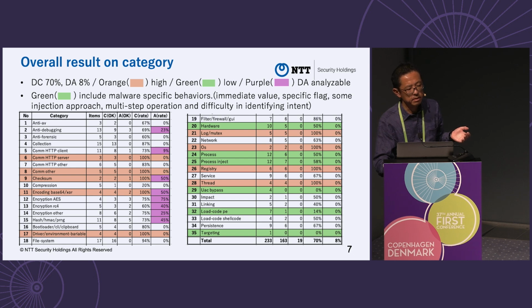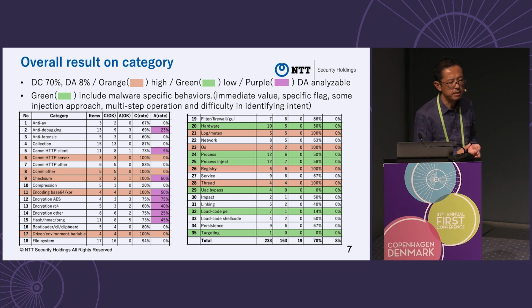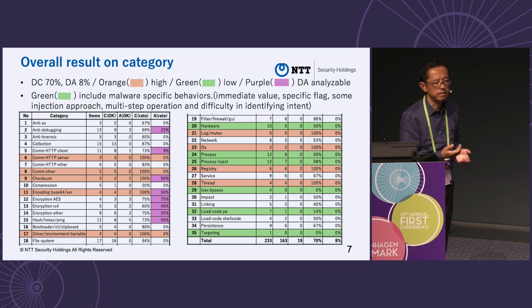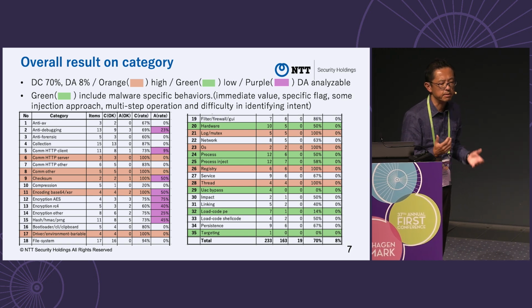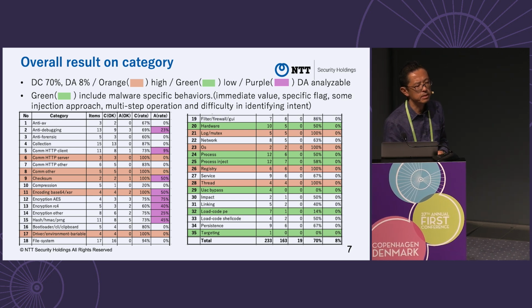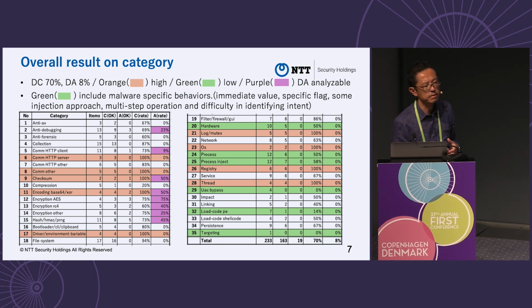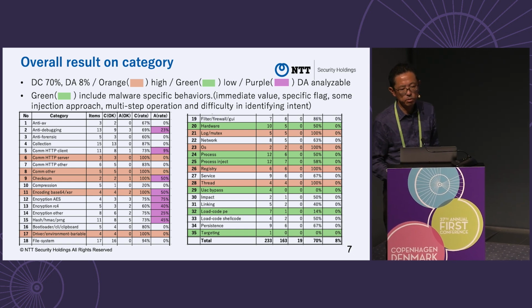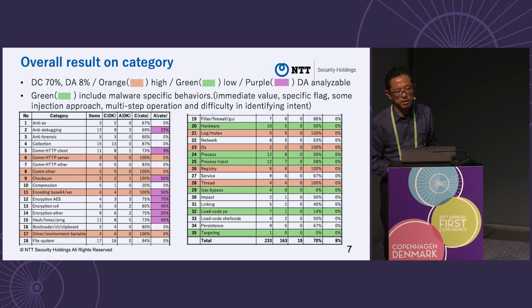It includes very malware-specific behaviors, especially using immediate values or a specific flag, some injection approaches or multi-step operations, and difficulty in identifying the intent. The last one is purple. Purple means a category where even disassembly code was identifiable.